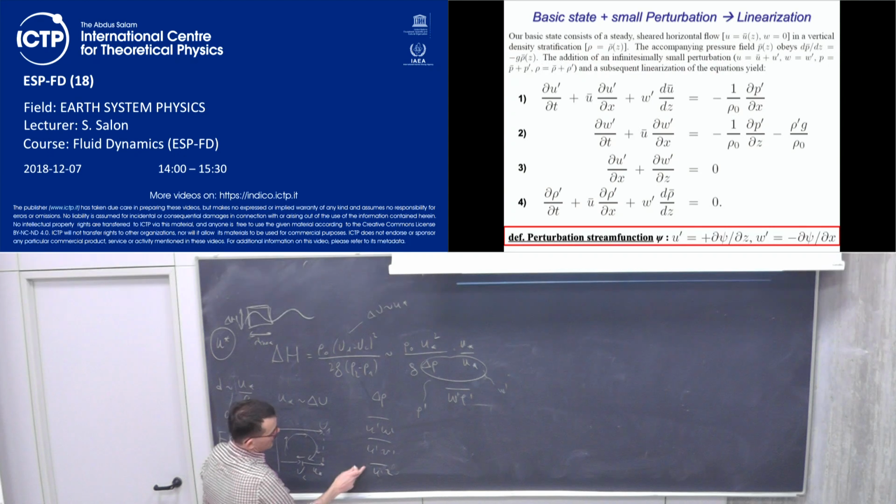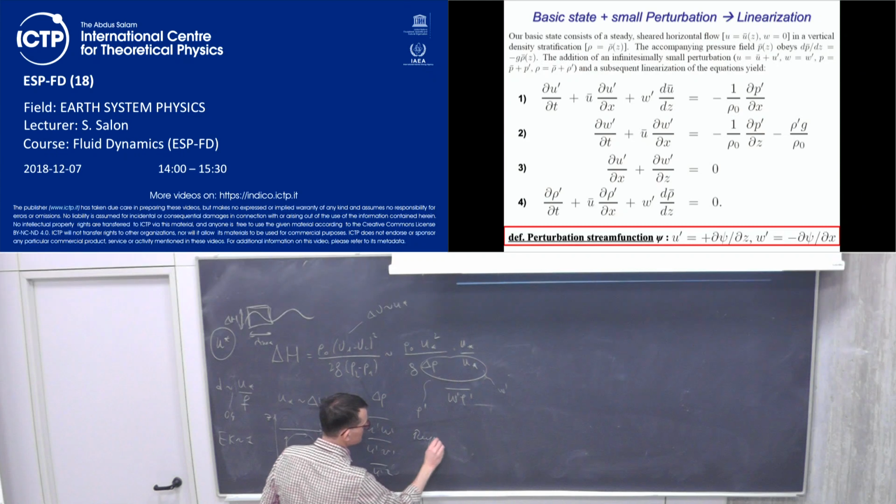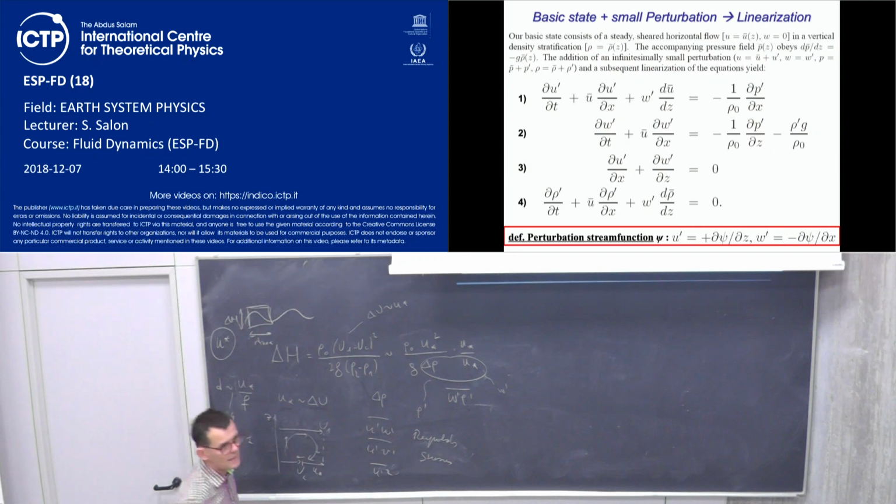Okay, so these are practically multiplications of perturbations, which are called the Reynolds stresses, which actually take into account the role of the turbulence in the flow. And these, of course, are a very strong and important problem to be solved when we want to put our system in a numerical description.